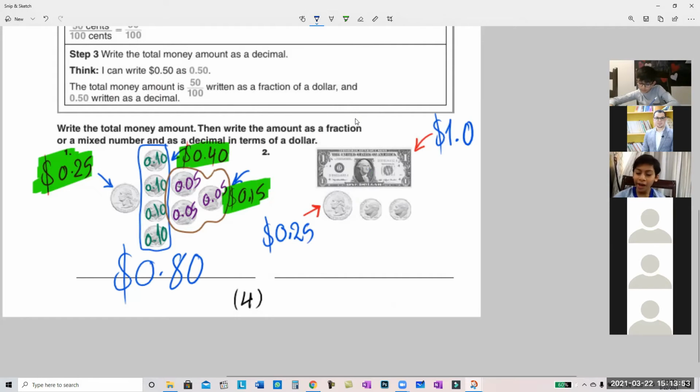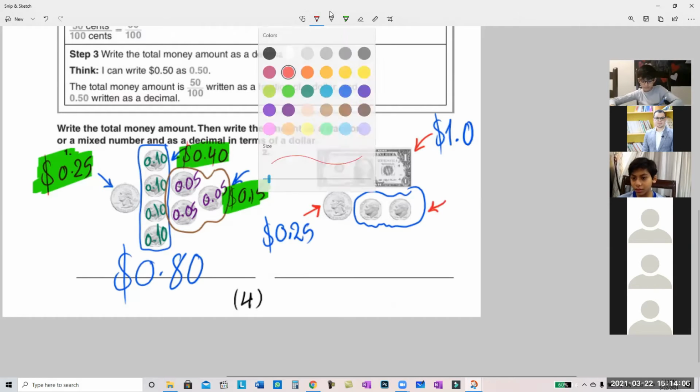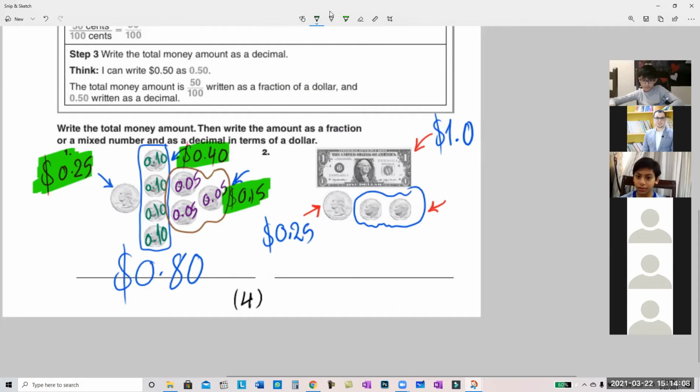Okay, we have two identical coins here. Can you tell me the name of each coin and its value as part of a dollar? 0.10. Yeah, so it will be 0.10 and 0.10.